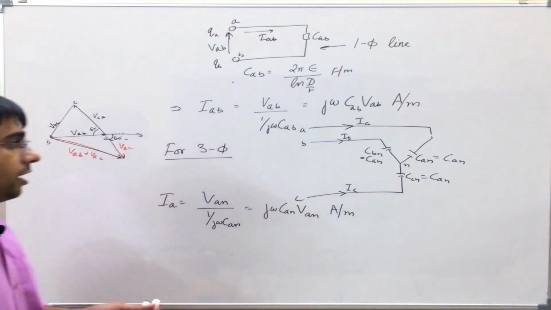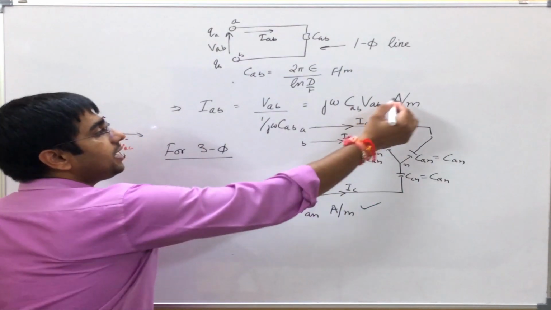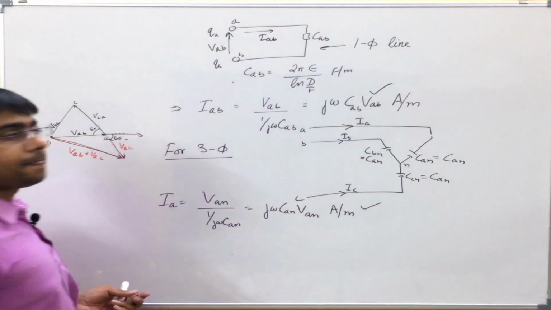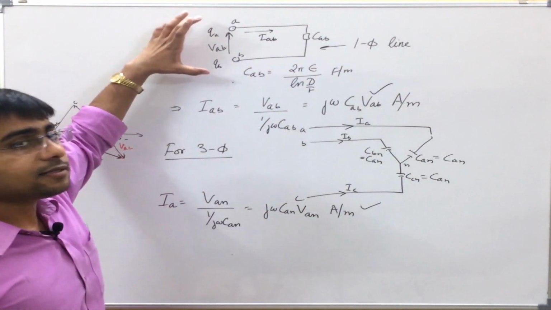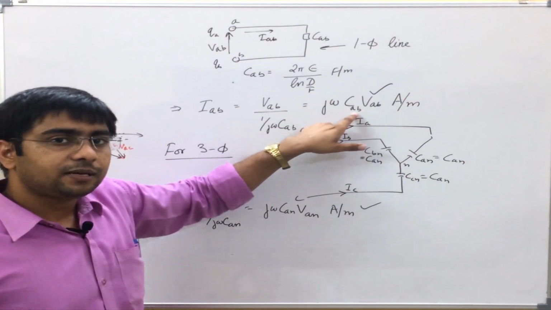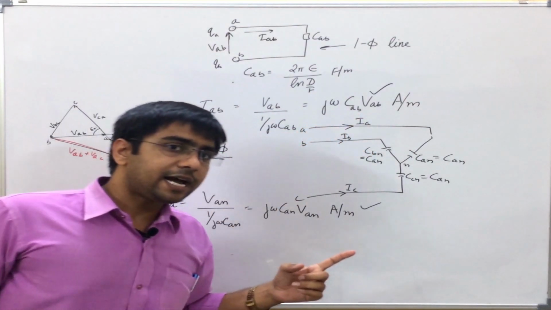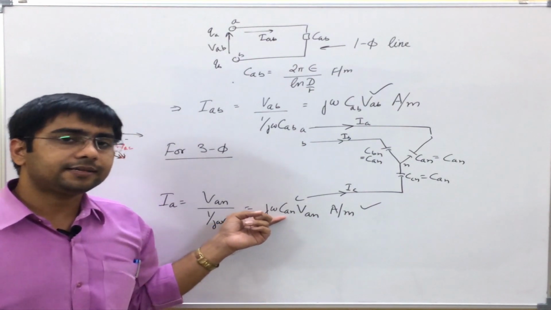per meter. Now notice the difference between this equation and this equation. We see here that for a single phase line we used line to line capacitance, but for a 3-phase line we have used only line to neutral capacitance. That is the difference.